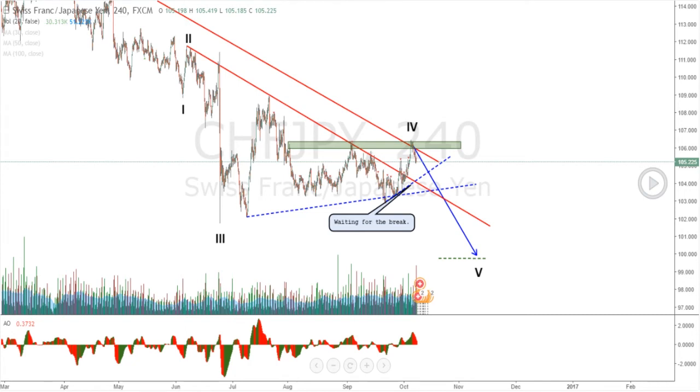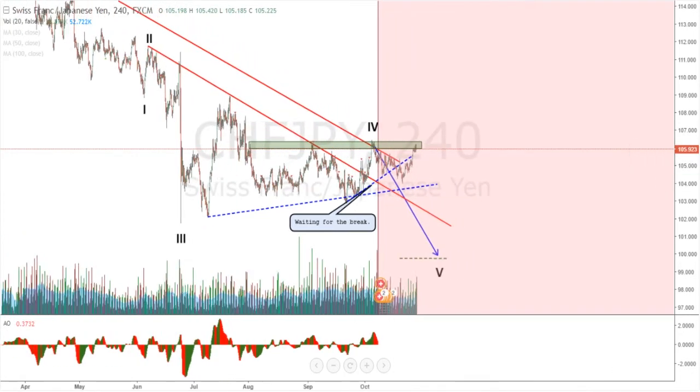Another one, I was looking at a wave 4 retracement. 1, 2, 3, 4, 5 retracement. Still hasn't gone there, so the wave count might be redone, and it will be redone.